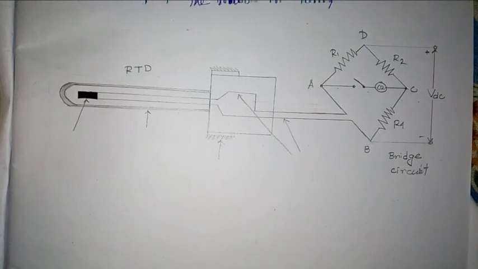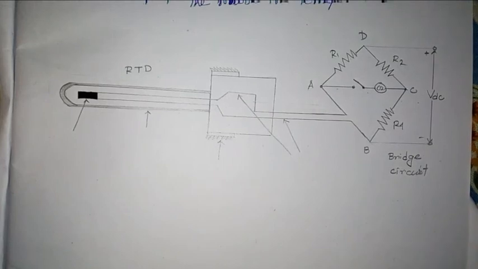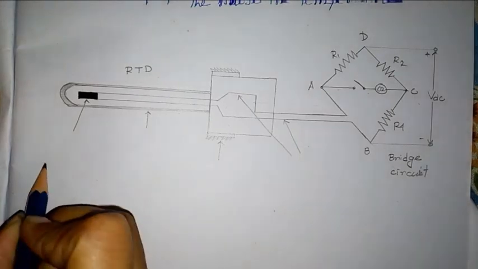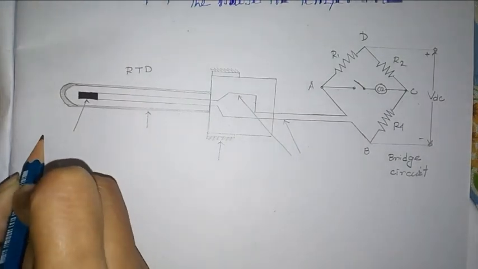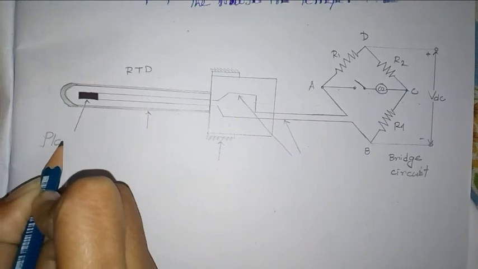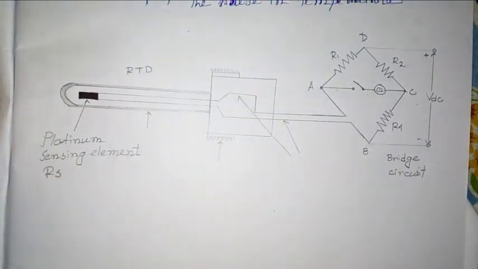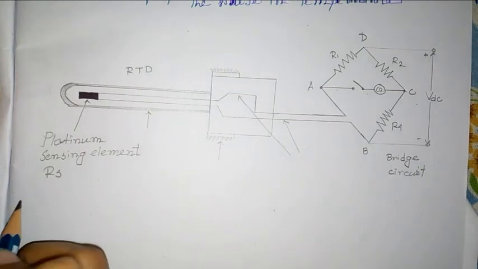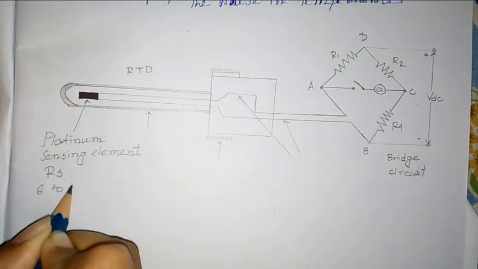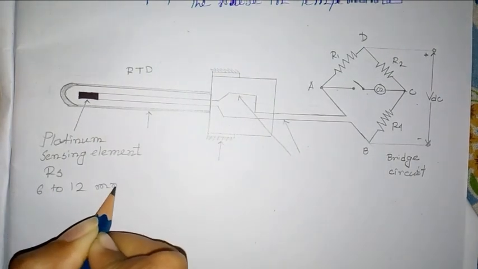The figure shows an industrial platinum resistance thermometer. The platinum sensing element has a resistance of Rs. This is the platinum sensing element, and the diameter of the element is 6 to 12 mm.